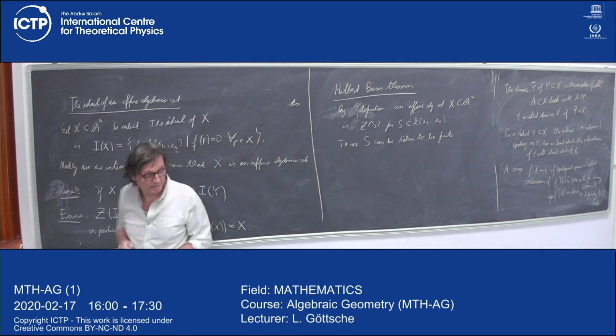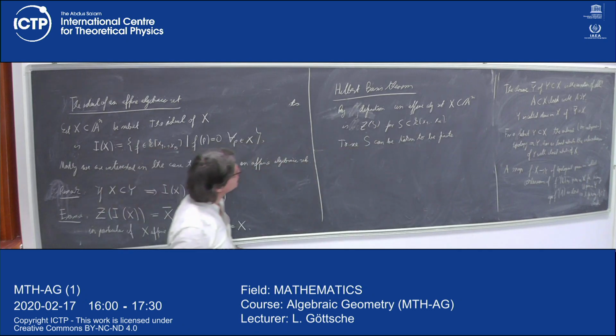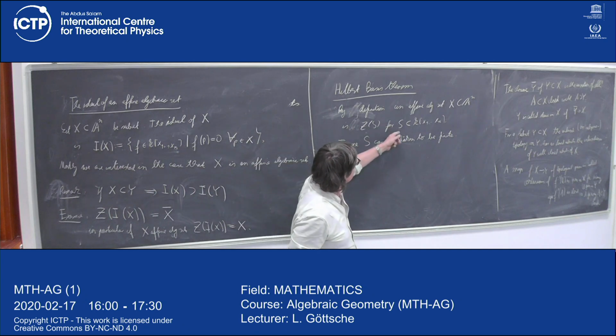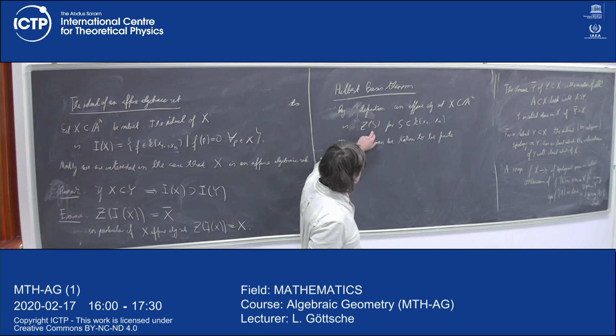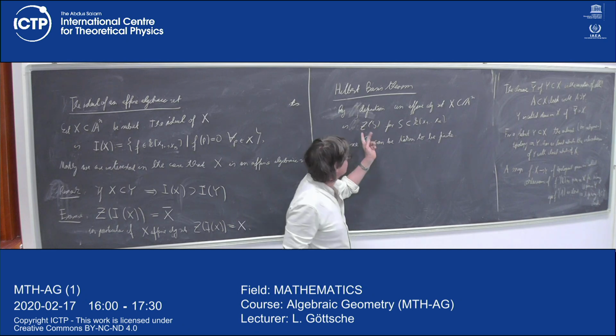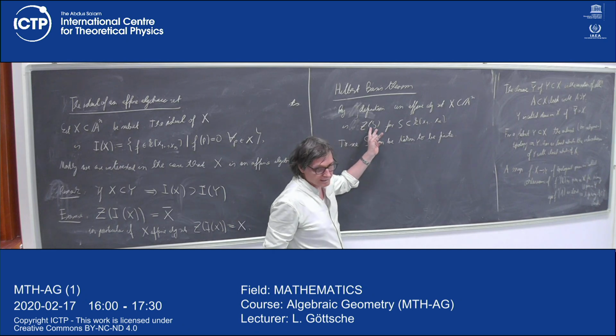The argument is quite simple. The zero set of S is the same as the zero set of the ideal generated by S. So this affine algebraic set is a zero set of some ideal.